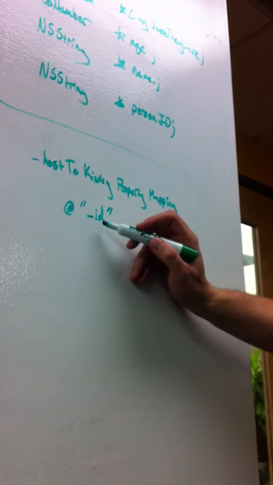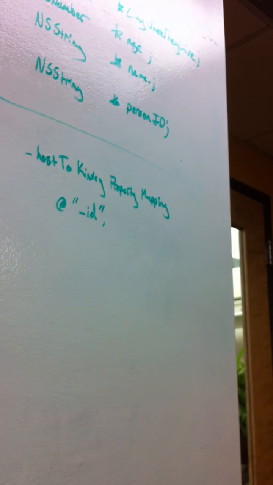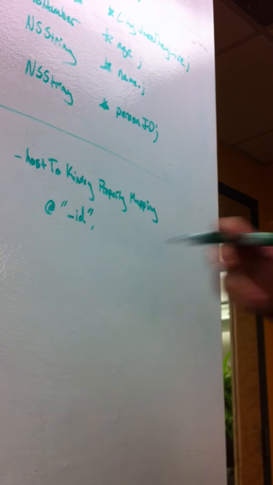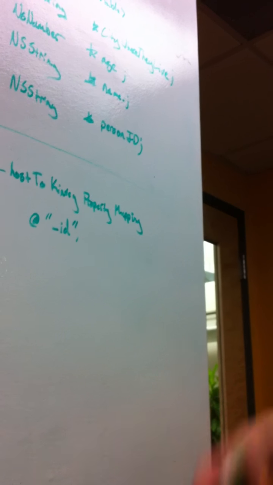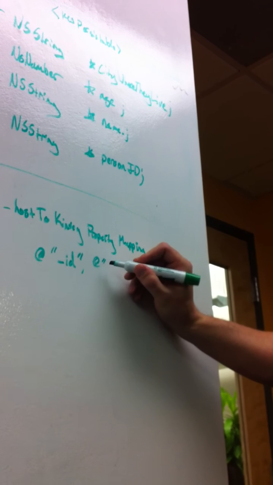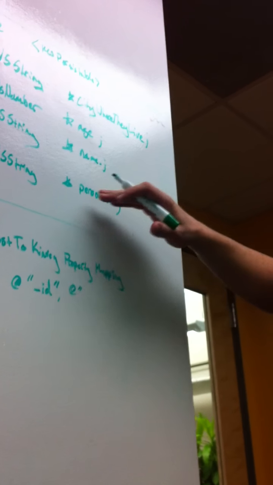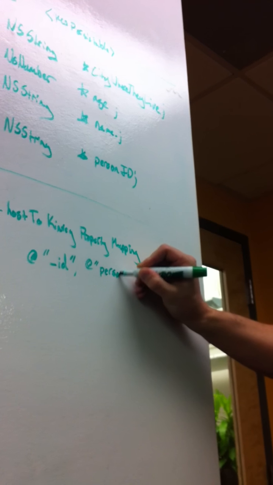Underscore id is not a happy name to use in Objective-C, because id is a privileged word, so it's kind of weird to use. So you don't require them to use that. In your class, you pick whatever ID you want, and Kinvey changes it.